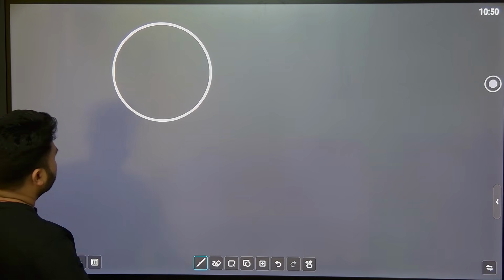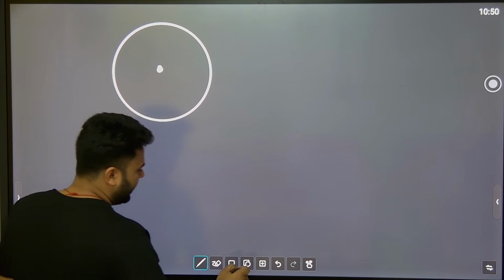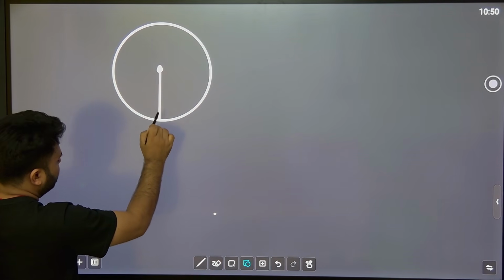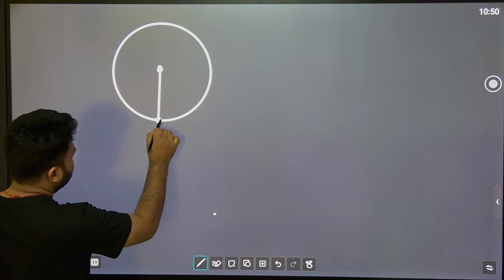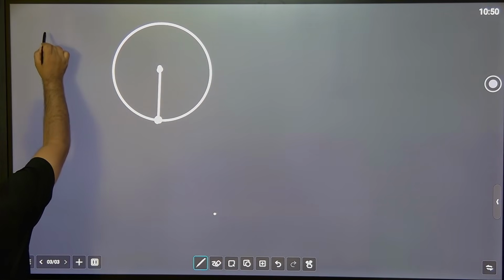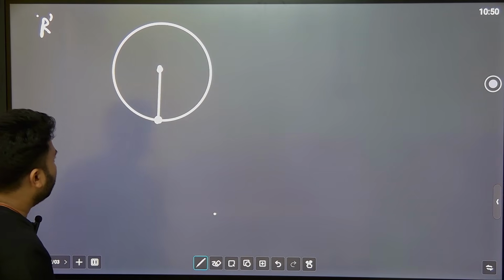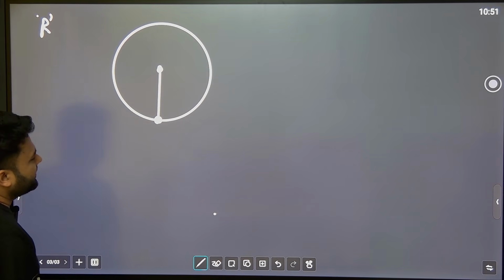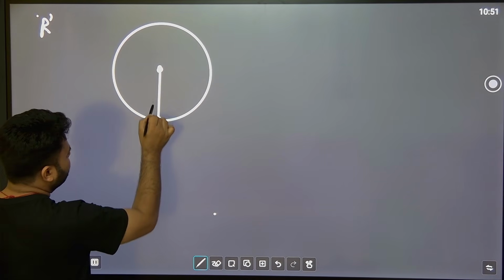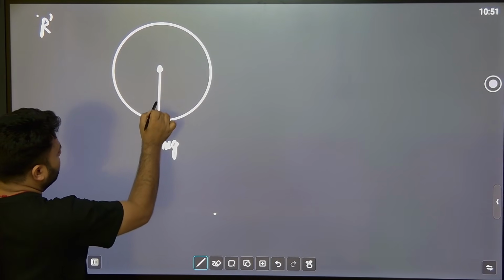Suppose this is the center of the circle and this is the thread or string to which the ball is attached. Obviously the radius of this circle I will take as r. At this point, what are the forces acting on this ball? One force is mg, and another is tension.